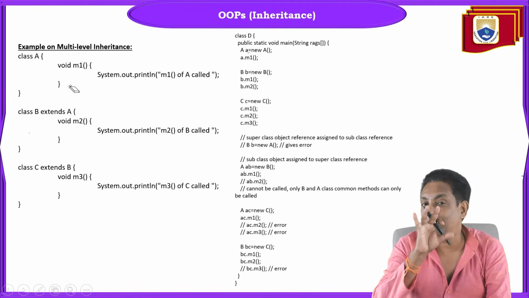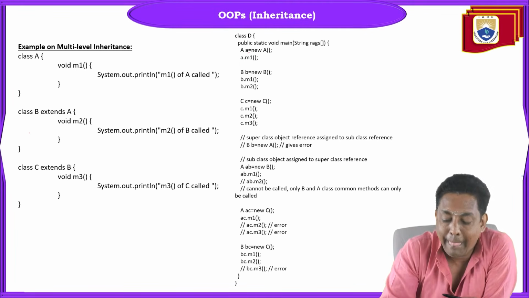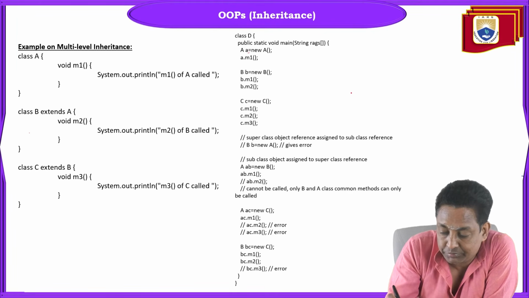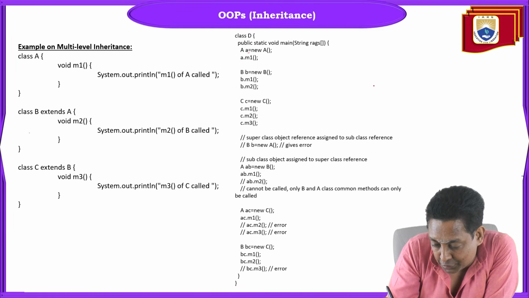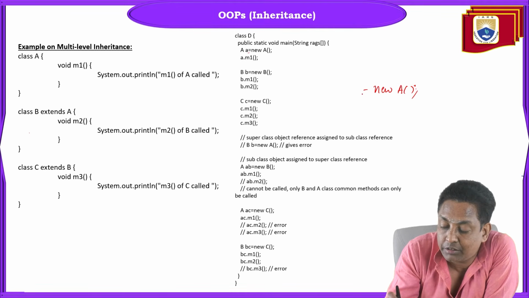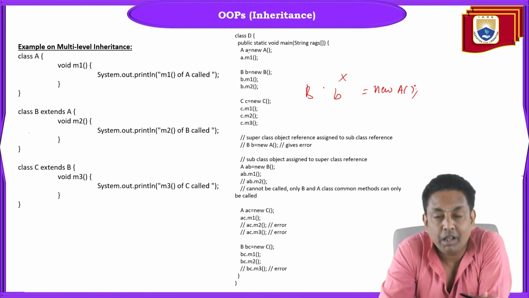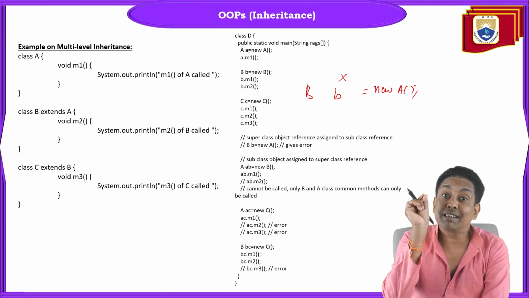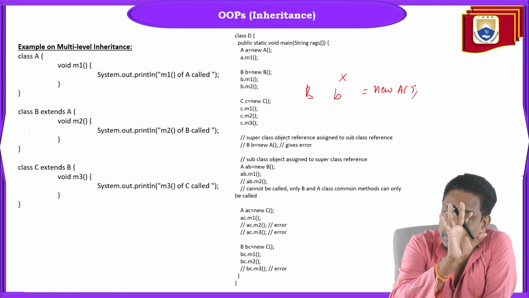But the point in multi-level inheritance, observe it carefully here. This statement is very, very wrong. Remember always, assigning a superclass object to a subclass reference is always wrong. Superclass objects cannot be assigned to subclass references. Subclass objects can be assigned to superclass references. That is valid.